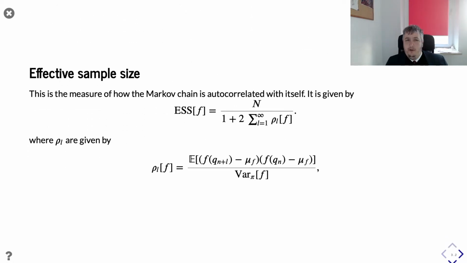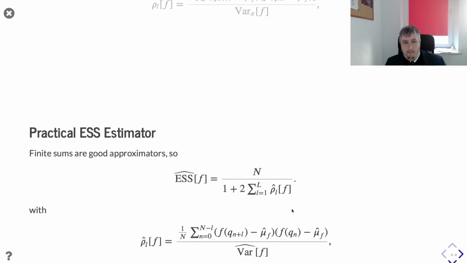And effective sample size is the measure of how autocorrelated the Markov chain is with itself, because it computes the number of autocorrelations that we have. If the Markov chain is completely not autocorrelated, then of course effective sample size is equal to n, which is a big benefit.